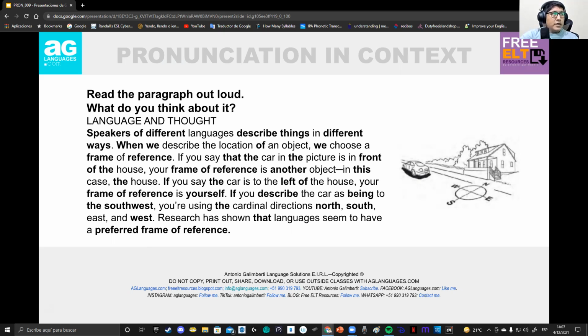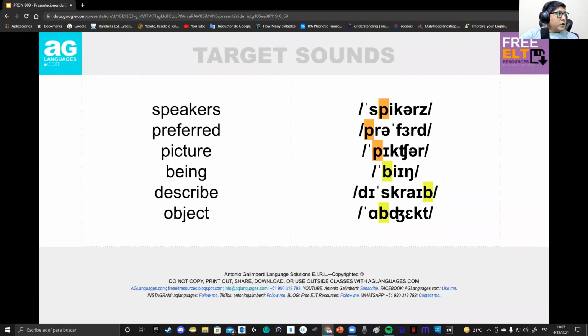Okay, so this is our paragraph, and we're going to get some samples from it. Again, we are talking about consonant pairs. For example, we have the p and b sound.